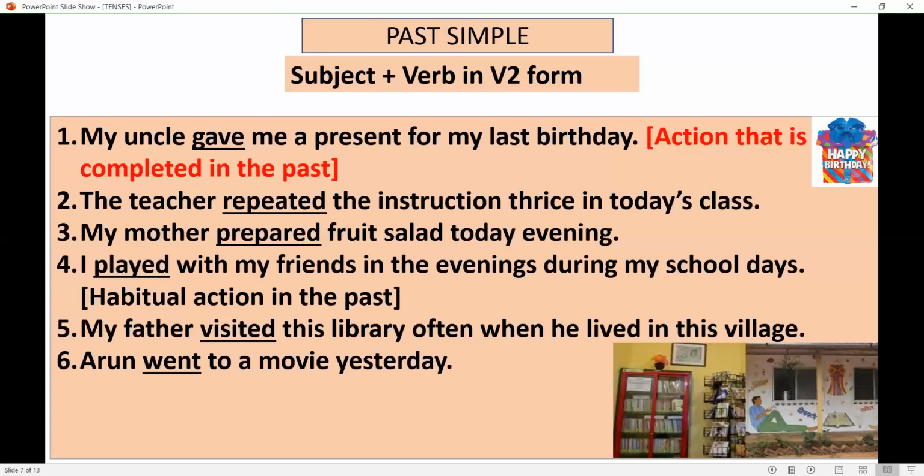Again, you are just recalling those days, the past days, when your father used to visit the library, when he was living in his village. Another example, Arun went to a movie yesterday. So there is a time indicator here, that is yesterday, and it happened in the past. That's why we have used went here.